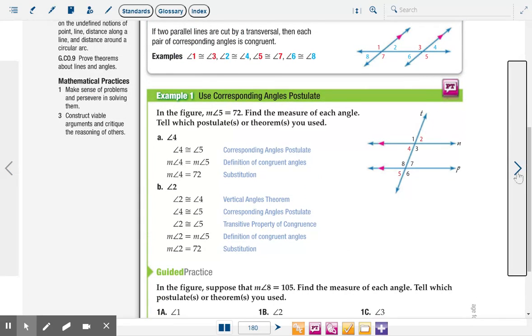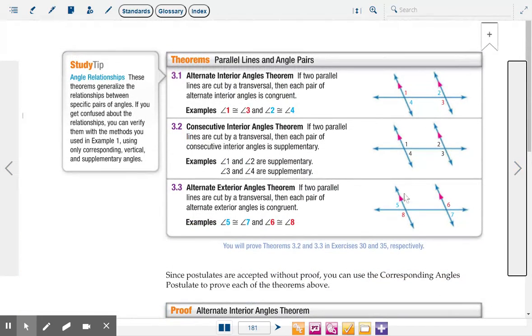Let's look at some of the other theorems that come from this. I mentioned on Tuesday that all of these special pairs of angles that we talked about have a theorem that tells how they're related.